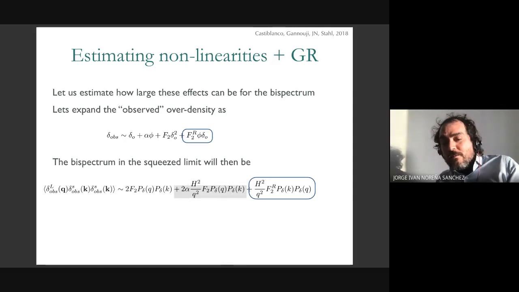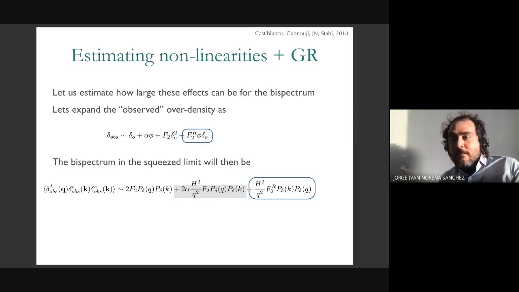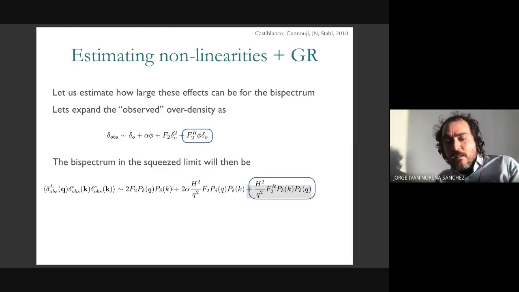So a bit counterintuitively, the relativistic corrections to the short wavelength modes are important, which is counterintuitive because you have the intuition that GR effects are only important at large scales. While here, the relativistic effects at short scales are as important as the large scale relativistic effects, and this is because the bispectrum is testing precisely the coupling between scales, and you're coupling the short scales with a long scale where you cannot ignore it, so the bispectrum doesn't have a single scale.